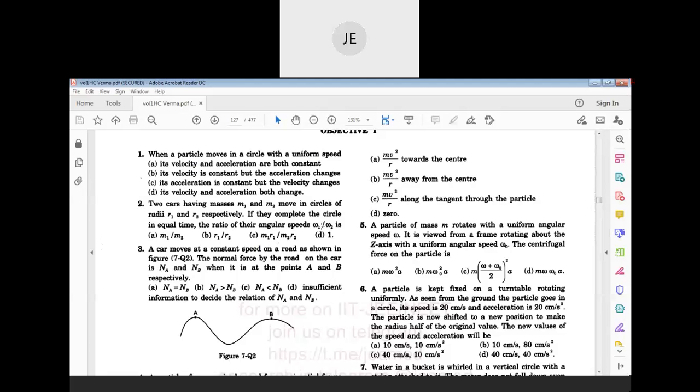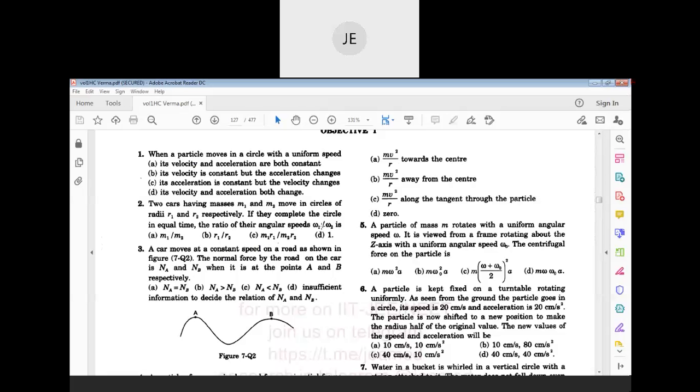What is the answer? Sir, m omega square. Yes, very good. Excellent. M omega square or m omega naught square, that is number one, that we have to keep in mind. But you have come close to the answer.